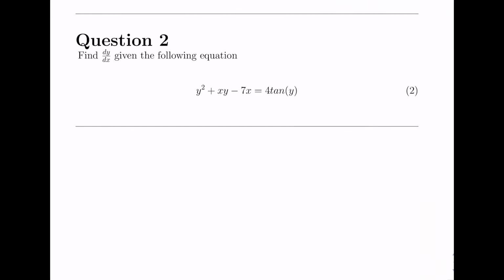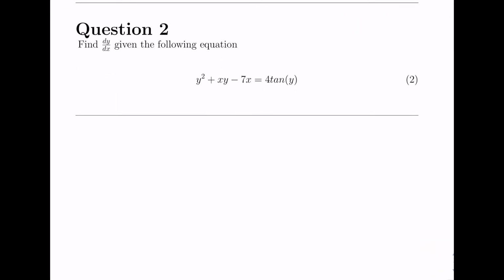Moving right along to question number 2, we have: find dy/dx given the following equation: y squared plus xy minus 7x equals 4 tan of y. The first thing we want to do to our equation is apply the derivative operator to each term in the equation, which gives us d/dx of y squared plus d/dx of xy minus d/dx of 7x equals d/dx of 4 tan y.